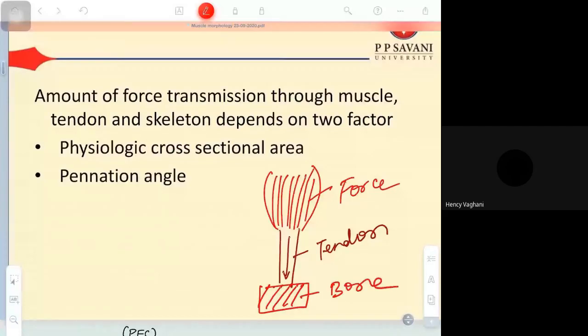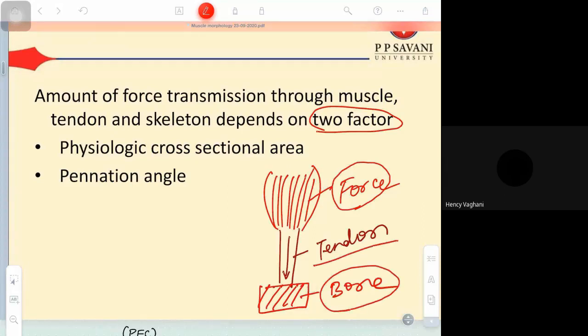This force transmission depends on two factors.